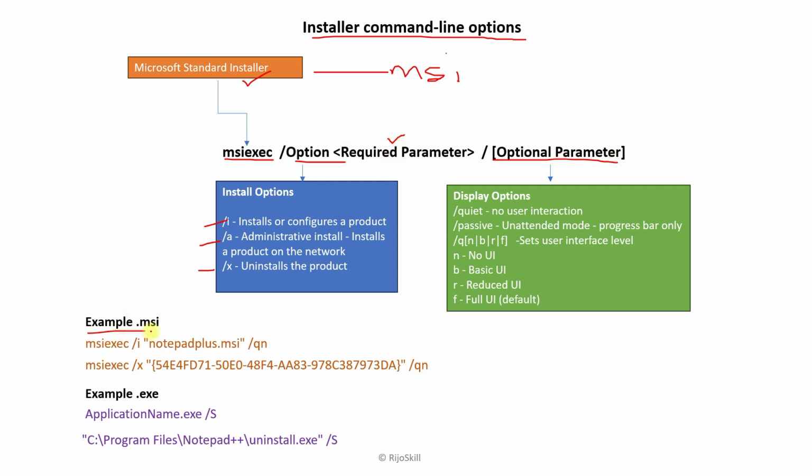Here you can see the example: msiexec /i means install, then the application file name, notepad++.msi. /qn is the option: q means quiet, n means no UI, setting the user interface. Once you give this, it doesn't pop up the installation; it is unattended installation mode, so no user interaction. We will give this one.